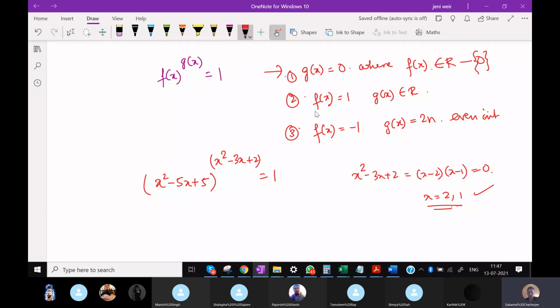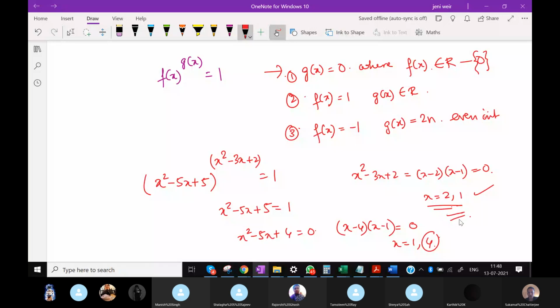The next case is when the base is equal to 1. That means x square minus 5x plus 5 equal to 1, or x square minus 5x plus 4 equal to 0. So which means x minus 4 into x minus 1 equal to 0, or x equal to 1 and 4. But 1 is already included here. So the third solution is x equal to 4.